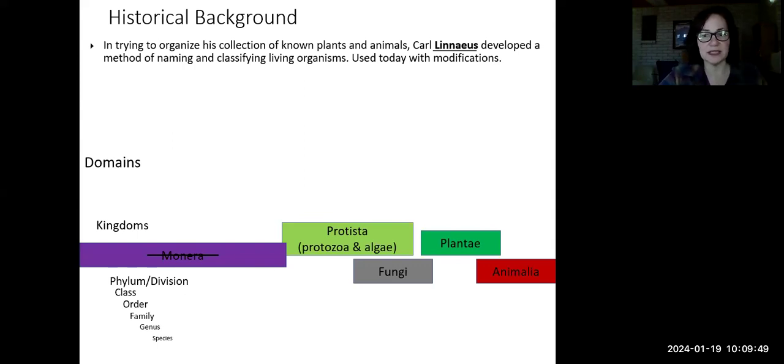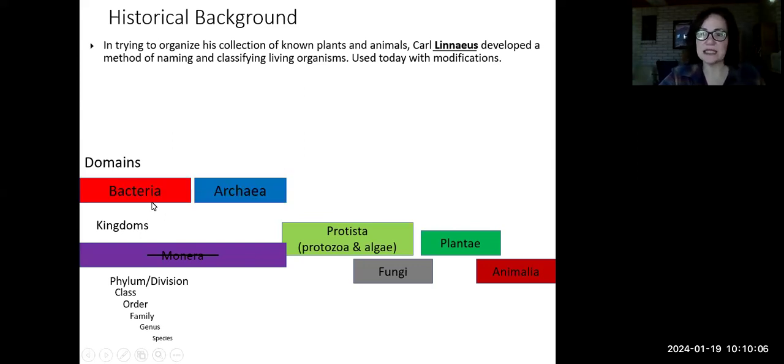The reason for this is that there were two groups among these single-celled organisms, and those two groups were more different from each other than plants and animals are from each other. So the domains that were created were bacteria and archaea.